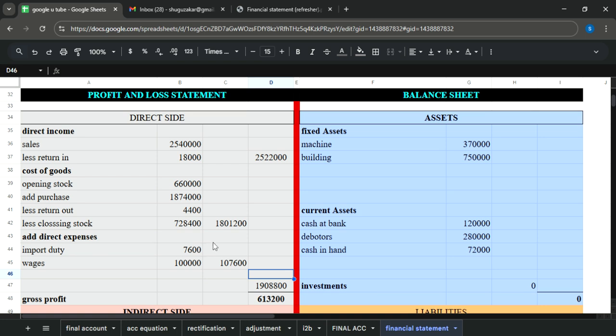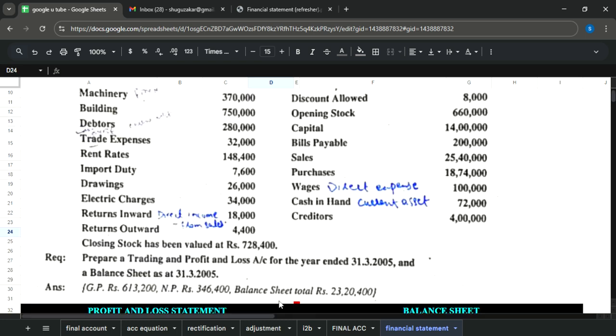So 180 will be added to 10 and the final amount you have got is 190. This is your sales. Only two amounts should be present in the third column, sales and cost of goods sold. Final answer 190, and here you have your gross profit 613,200. Let's check it out, and here you can see our gross profit is 613,200.